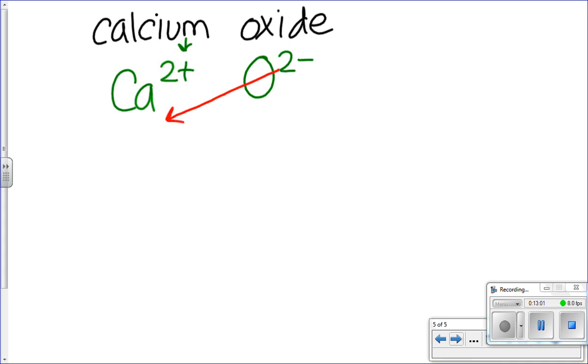We're going to draw the arrows to the corners of the opposite elements. Then we put the number only, not the charge, at the end of each arrow. So there's a 2 there and a 2 there.